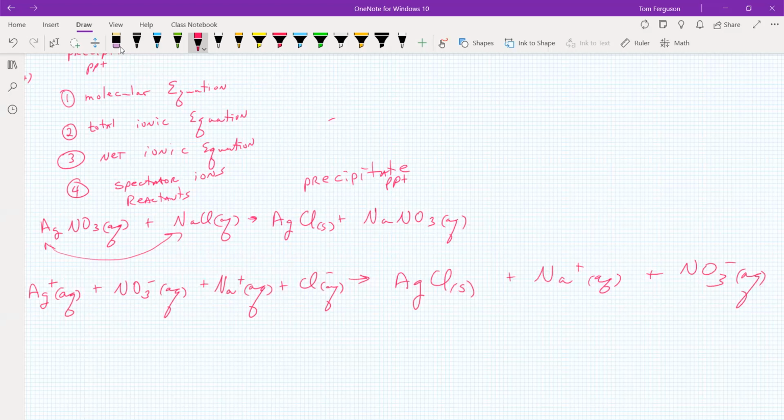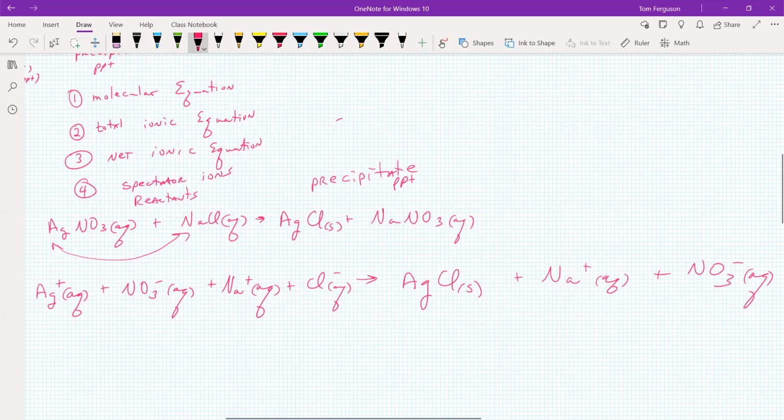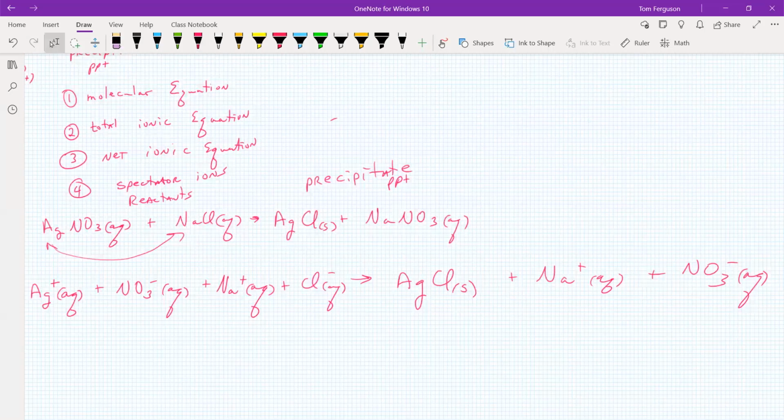Okay. So the first one we did was the molecular equation. This one I just did is the total ionic.